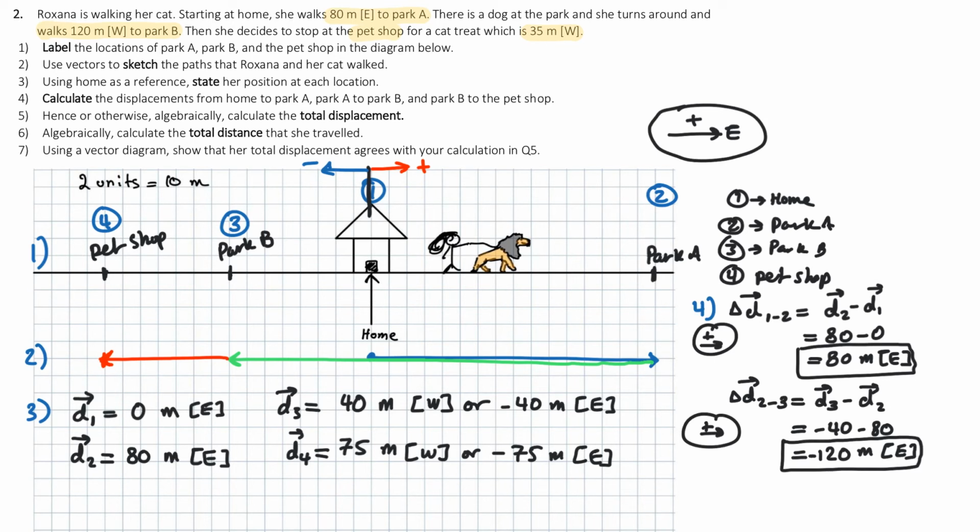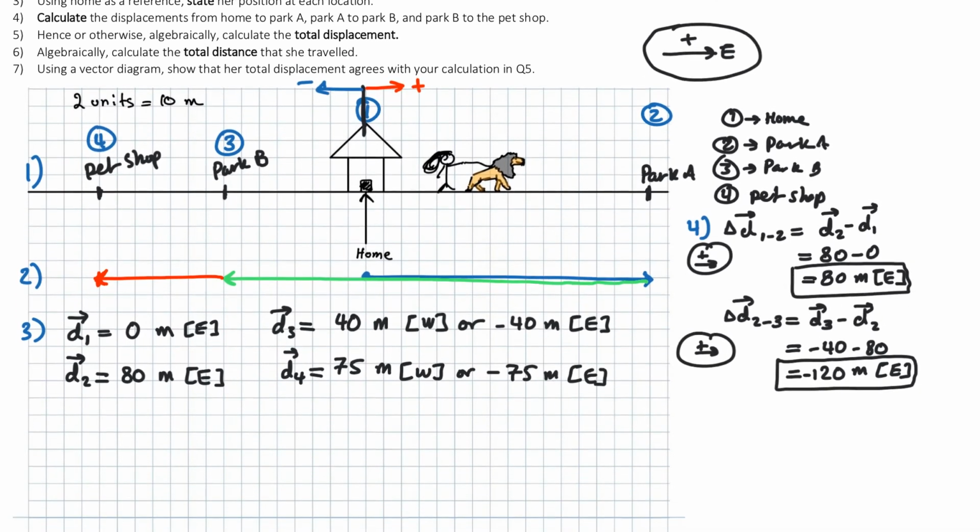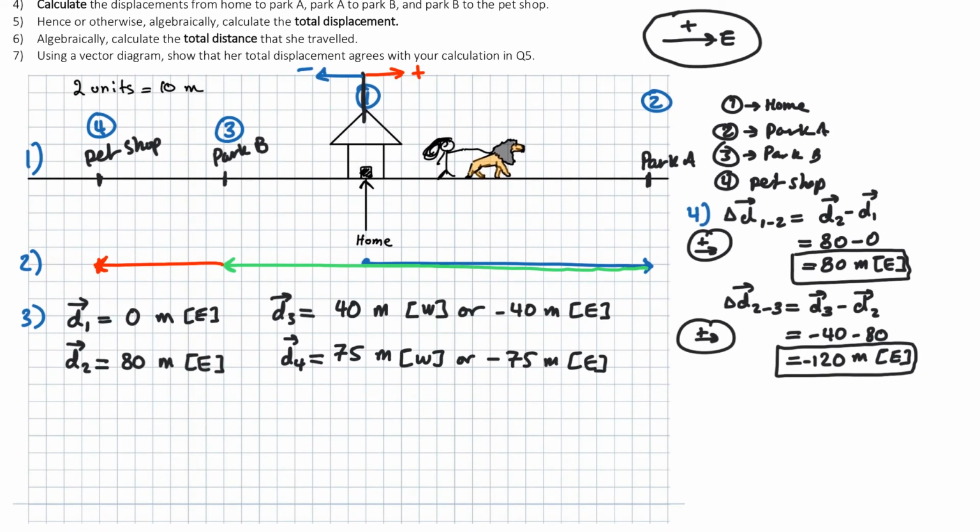And then for the next one, I have my displacement. I'm just going to scroll a little bit so we have a little more spacing. And we have displacement from park B to the pet shop. So park B is number 3, and I'm going to the pet shop, which is 4. So that's taking position 4 and subtracting position 3. Position 4, we can see, is negative 75 meters east.